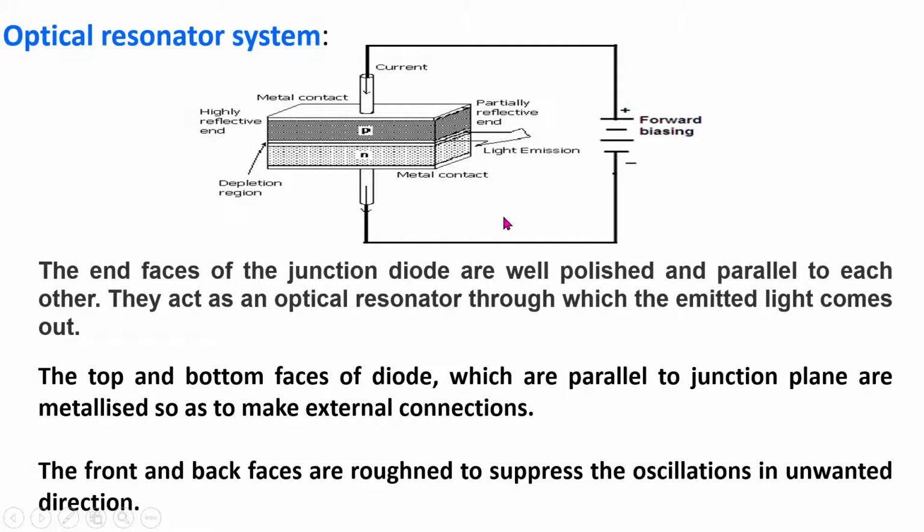These two surfaces are very rough, because during the spontaneous emission, when the photons are emitted in all directions, these two surfaces suppress the oscillations in unwanted directions. That means the photons should move parallel to the optic axis.